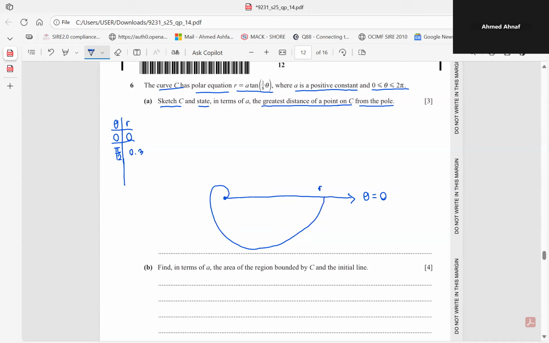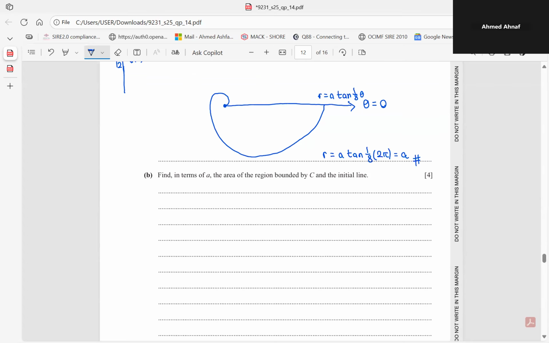So this is r equals a tan(θ/8). Now we can write down r equals a tan(2π/8), which equals a. This is the greatest distance, when θ equals 2π. So this is our final answer for this first part.